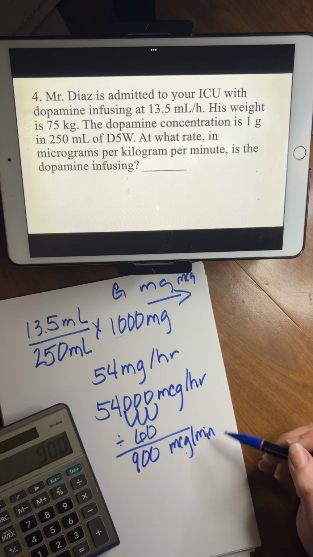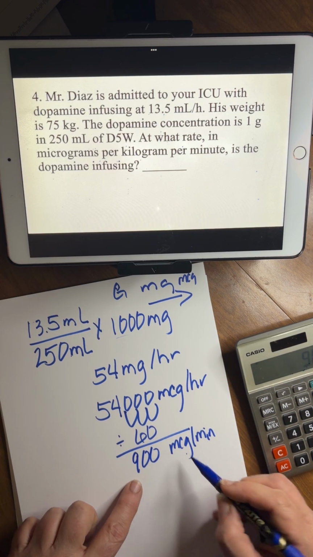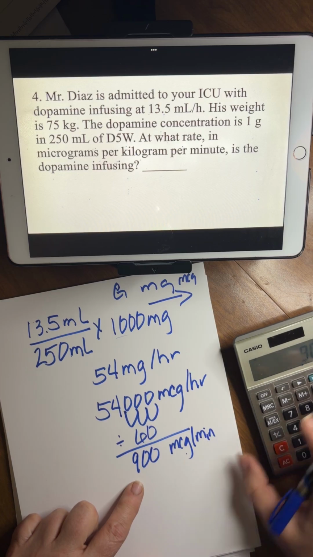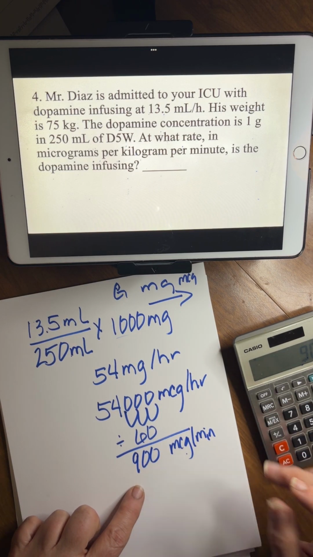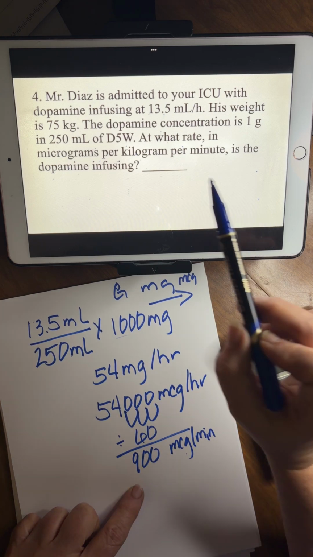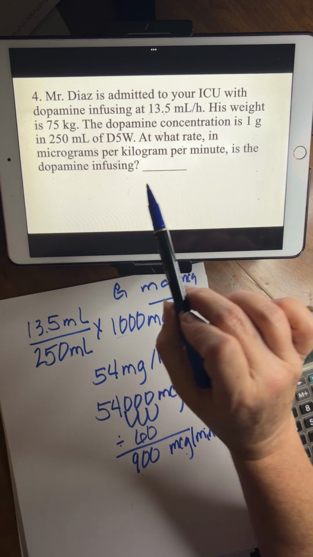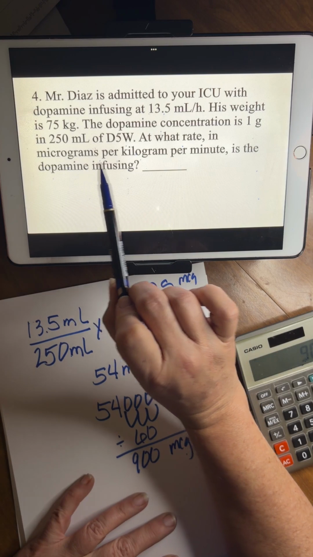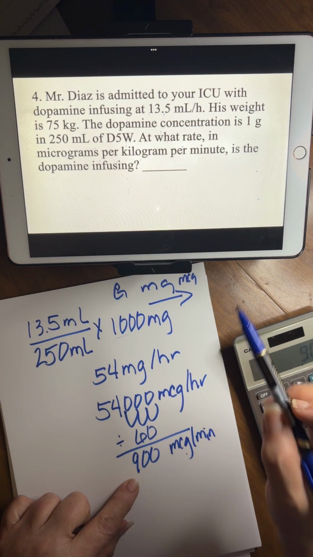You see how I believe, if you go back and watch this, you're going to understand it. And you got to make peace with the fact that it's going to take this whole page to work this problem. And Ethel, blame her. Okay? Wants to know the micrograms per kilogram per minute.